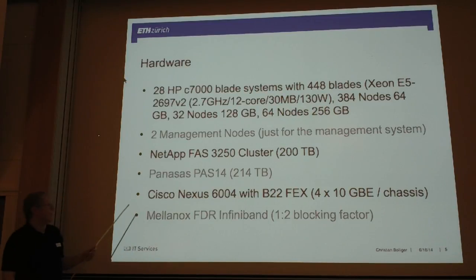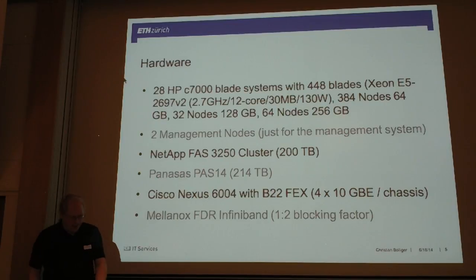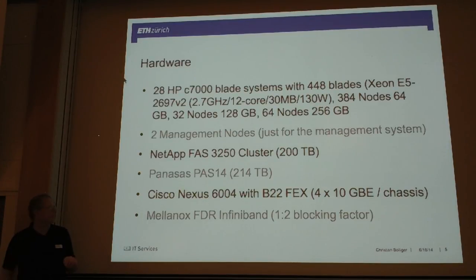So that makes things a bit more low latency, and the good thing is the switch is administered by our networkers, and I think even paid by our networkers. So it's part of the integral ETH network system.